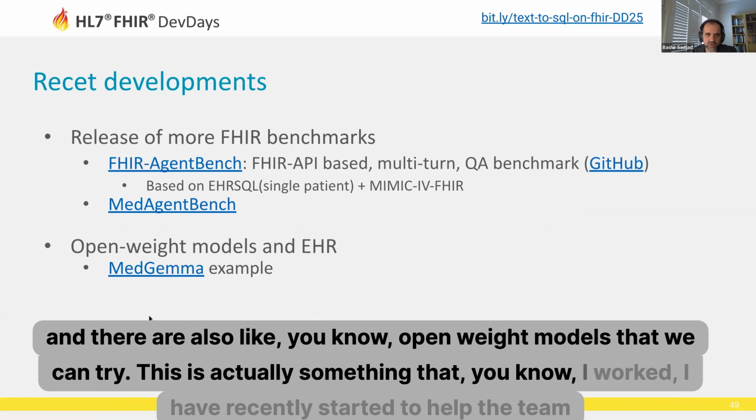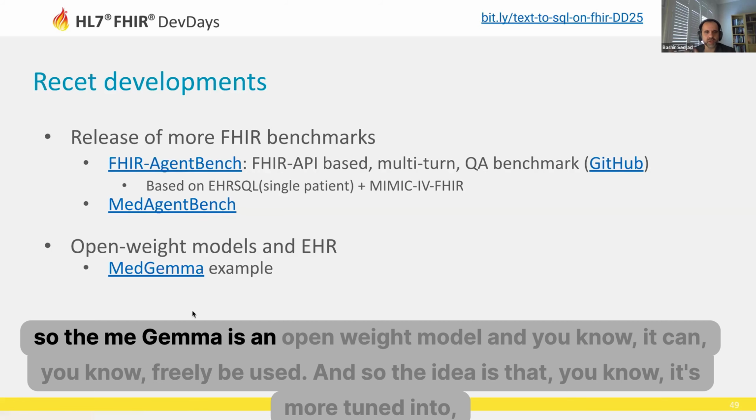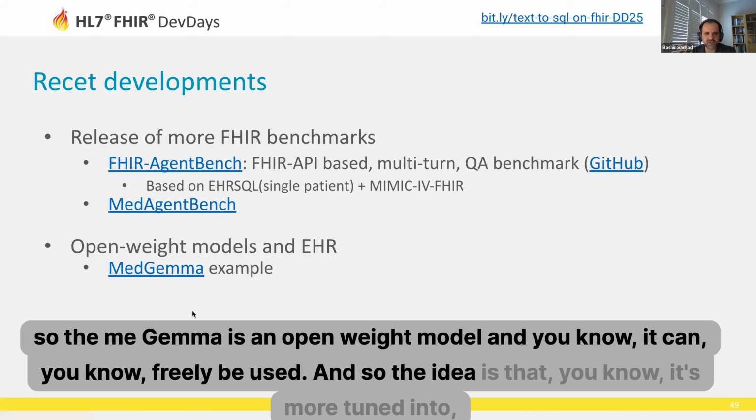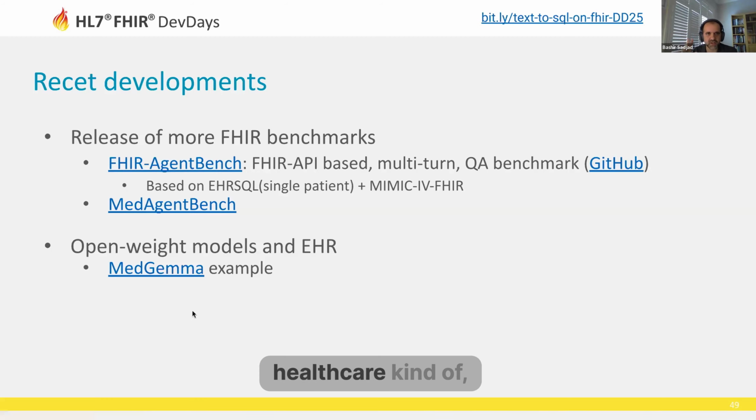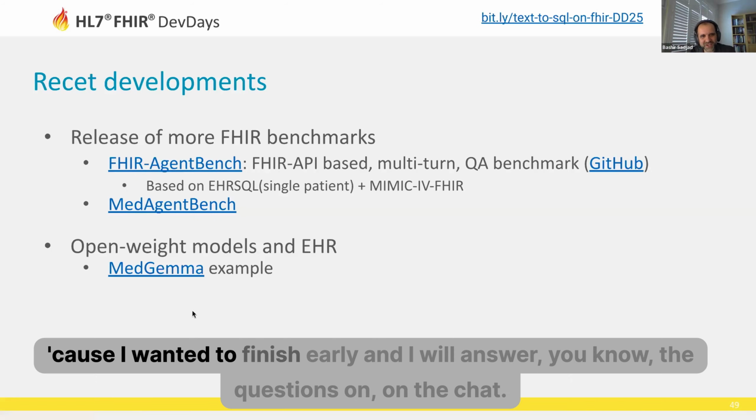This is something that I have recently started to help the team to better work with EHR data. MedGemma is an open weight model, and it can freely be used. The idea is that it's more tuned to healthcare problems, so it can do better in those spaces. Sorry, I went a little bit too fast because I wanted to finish early, and I will answer the questions on the chat.